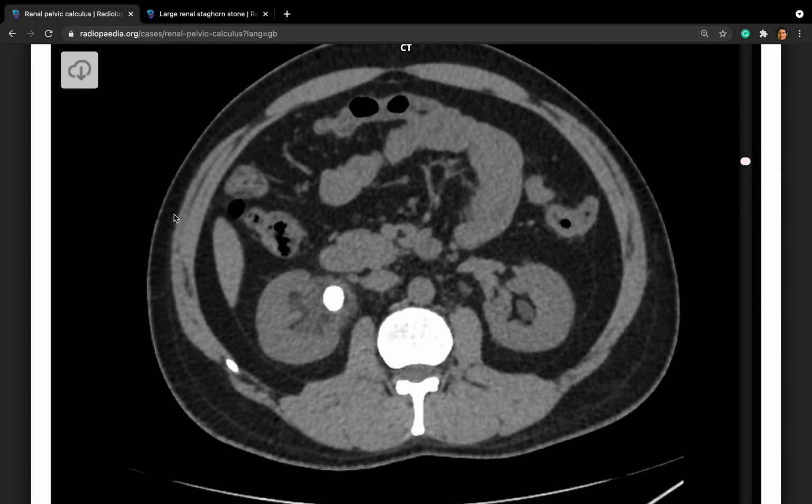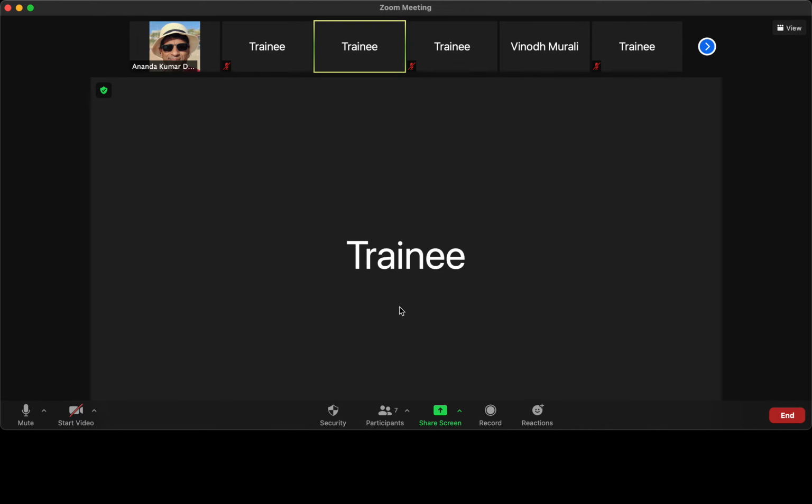In this case, since he has flank pain, I will go ahead and get a non-contrast CT of the abdomen and pelvis. Depending upon his BMI, I'll opt for a low-dose non-contrast protocol or a full-dose CT protocol.